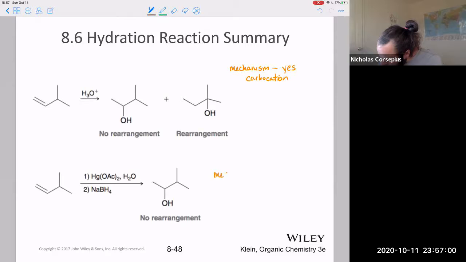For the oxymercuration demercuration mechanism, you do not have to know the mechanism for that other than to know it has that cyclic intermediate.